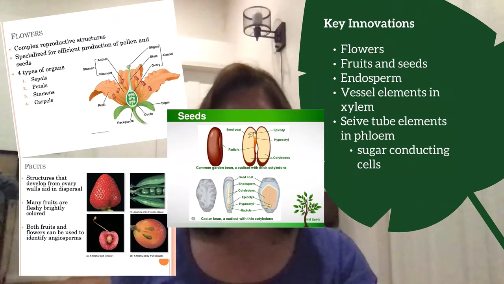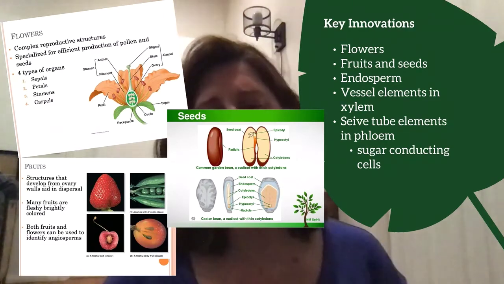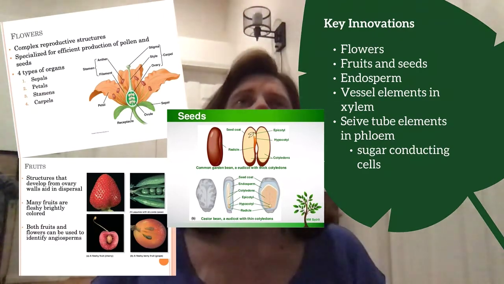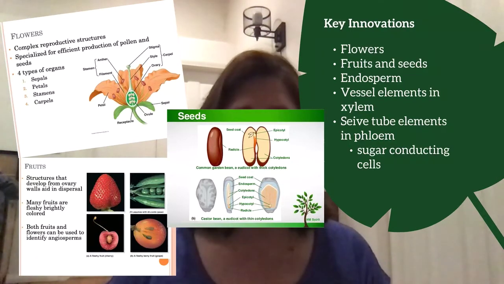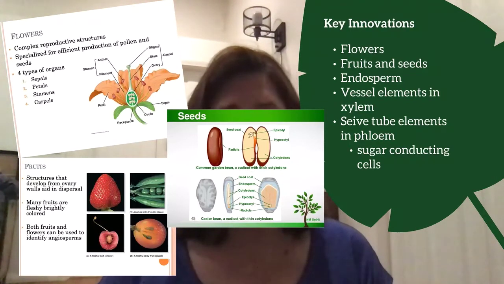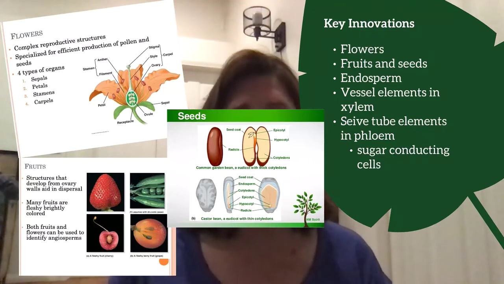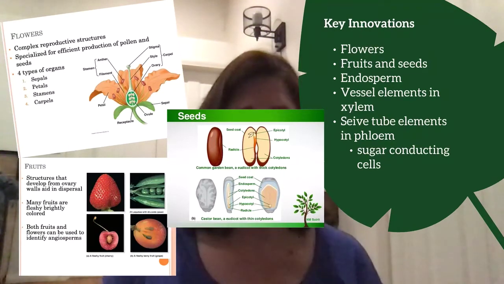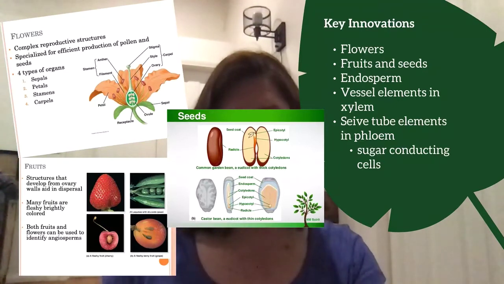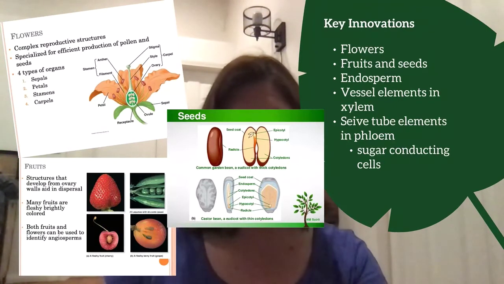Right? Also, I mentioned this before when we talked about the gymnosperms and more specifically the gnetophytes. The angiosperms also now contain in their xylem cells referred to as vessel elements. So these are a little bit more efficient in transferring water throughout the plant.